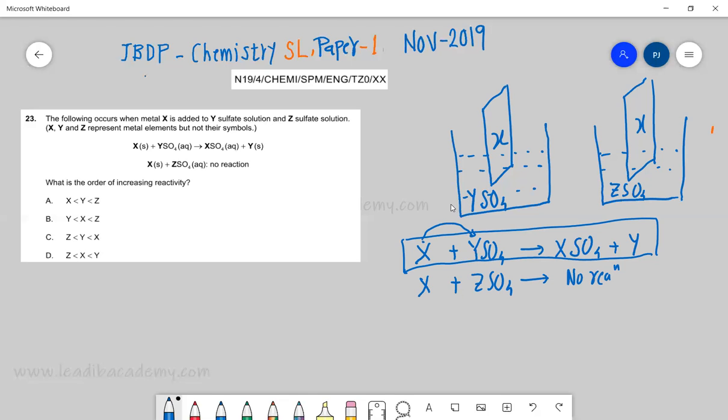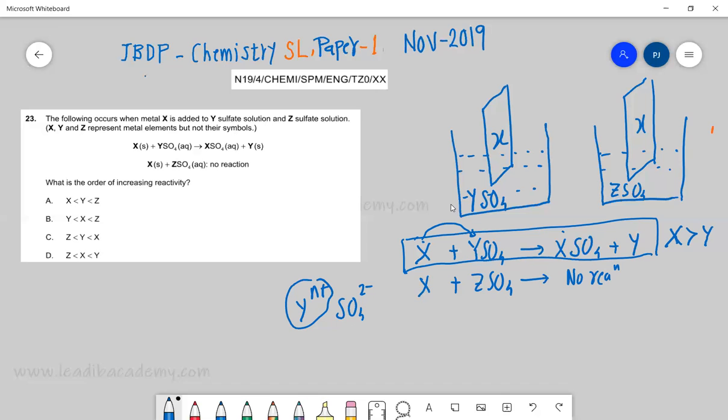Y sulfate means Y was in the ionic form, with SO4 2 minus. Sulfate means it's a solution, so it was in the ionic form, but after X has been put, X has come into the solution, it had displaced. So what does it imply? That means, straightforward, X is more reactive than Y.